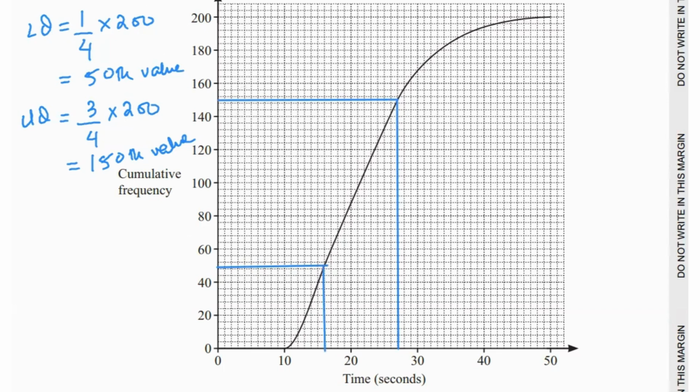So that's basically 16, and that's 27. So the interquartile range is the difference of 27 and 16, which is basically 11.